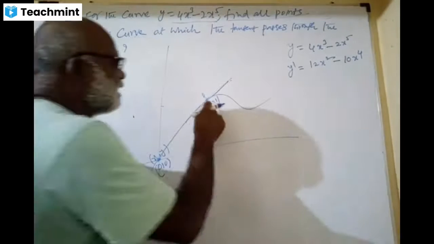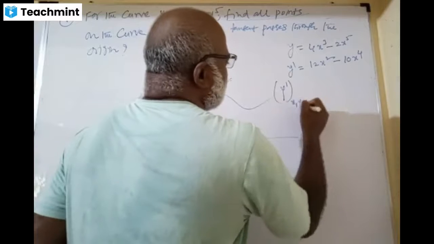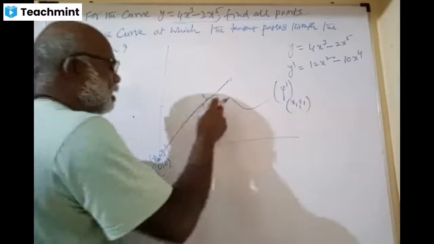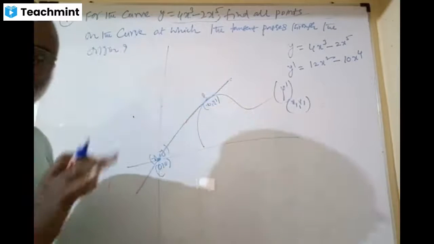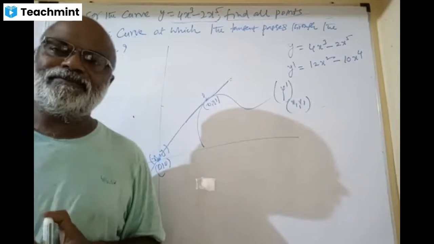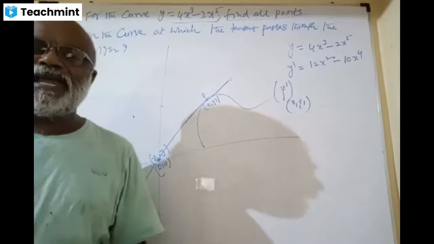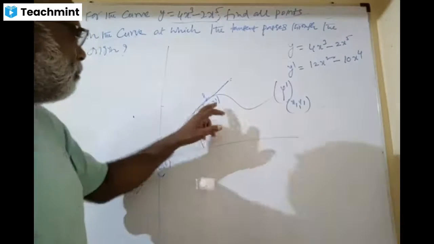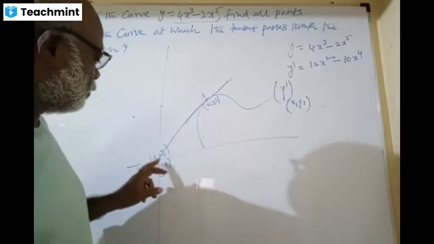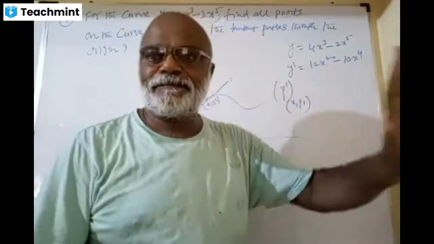We need y dash at x1, because that is where the tangent is drawn, not at 0, 0. Please don't jump the gun. Be watchful about the point 0, 0, it is not the point to substitute here.